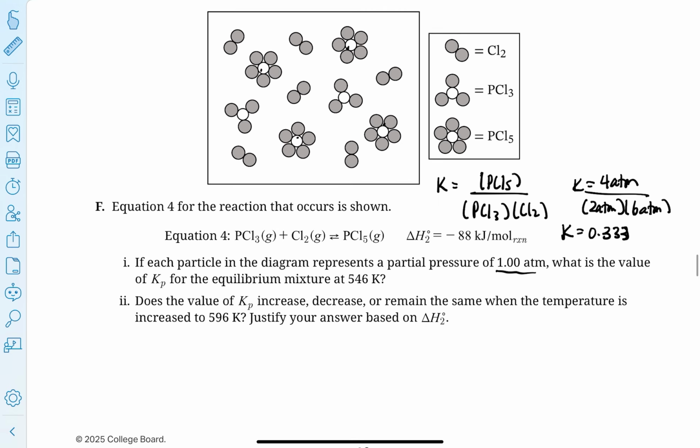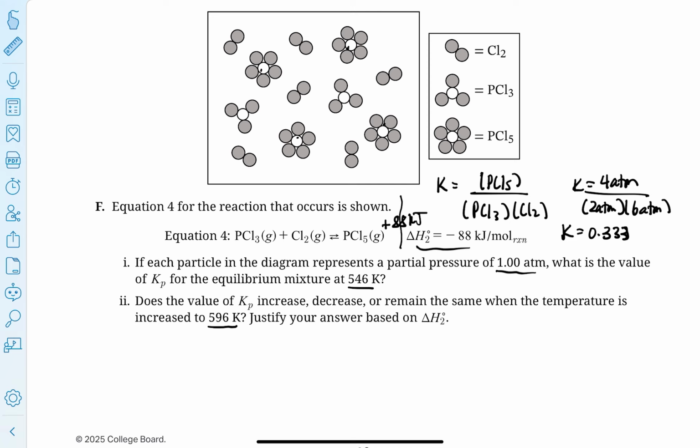Okay, and then does the Kp increase, decrease, or remain the same if the temperature was raised to 596 Kelvin from 546 Kelvin? Well, I see that this reaction is exothermic, so I can tell because the delta H is negative. So I'm just going to say this is plus 88 kilojoules here on the product side. That's what exothermic means, that the heat is a product.